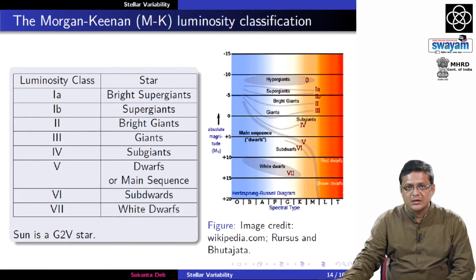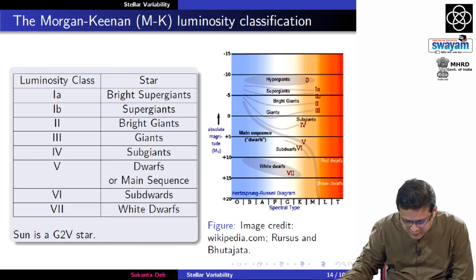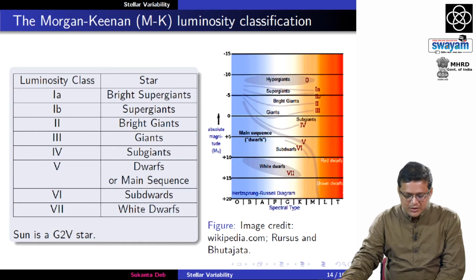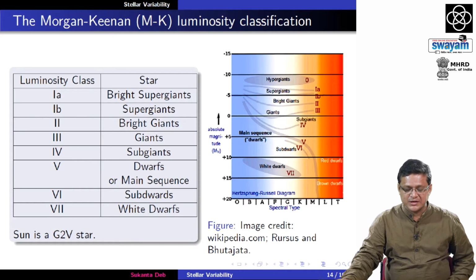Now, star classification is incomplete without luminosity classification. The modern luminosity classification scheme is known as the Morgan-Keenan luminosity classification scheme.